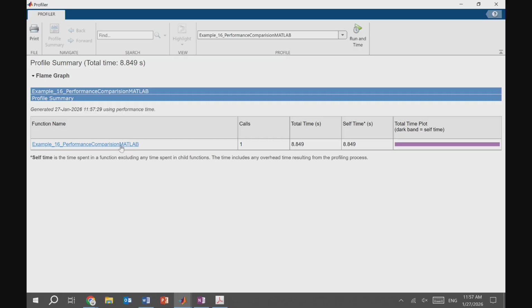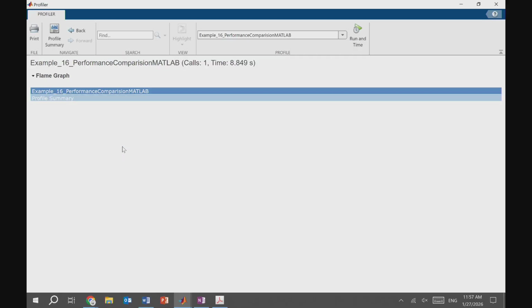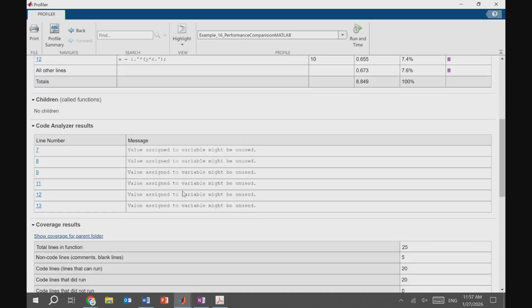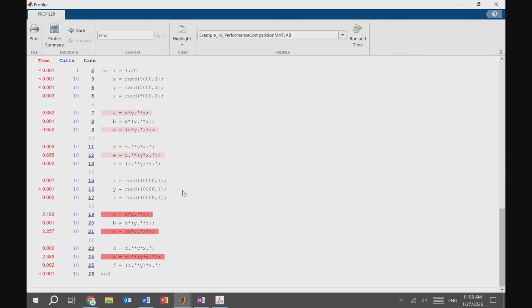Which is, of course, much slower when you do run and time, because it has to time in the background. If I just run this, it's going to be much quicker. I can click on this, and it first tells me which lines take the most time. If I scroll down, I see a heat map of where the code spends time. So initializing the for loop doesn't take any time.